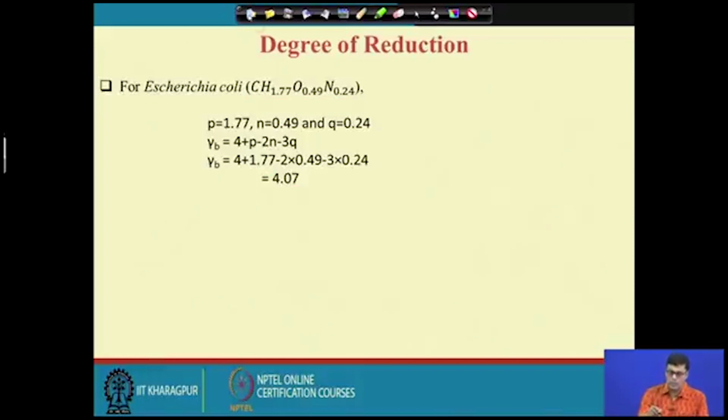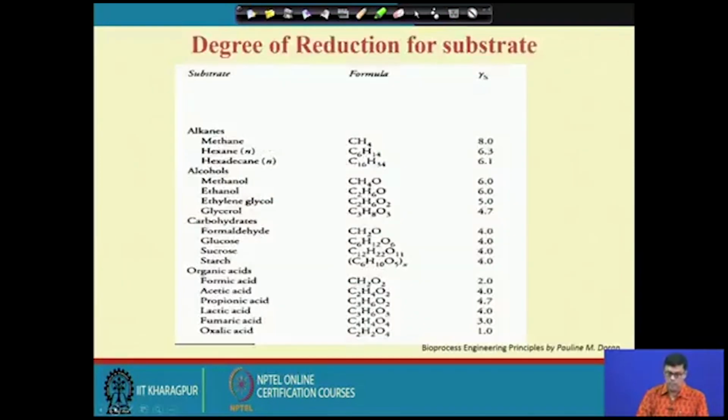I hope it is clear to you. We have also done some degree of reduction calculations for substrate molecules like alkanes, alcohols, carbohydrates and organic acids.